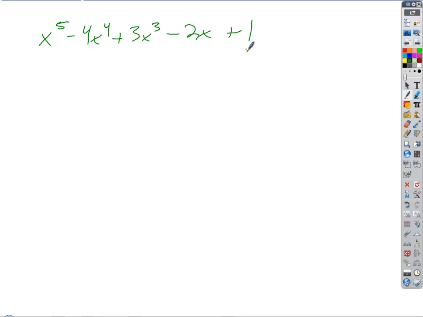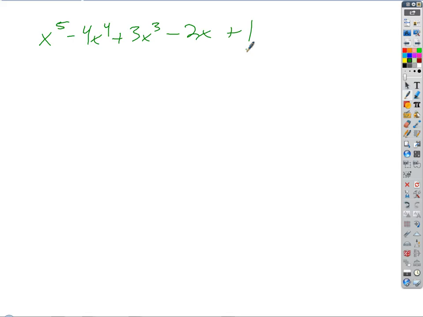I could have 3 real and 2 complex. I couldn't have 2 real because that'd leave me with 3 complex, and that doesn't work. So the only possible numbers of real solutions would be 5, 3, or 1, which tells us it'd be impossible for me to have no real solutions.